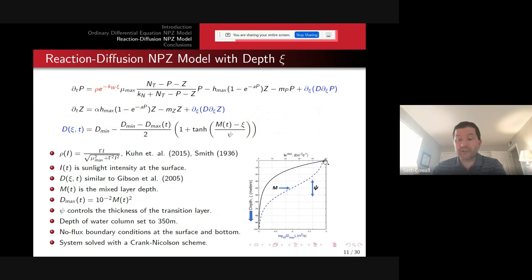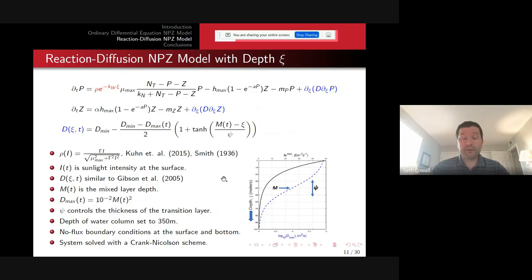At the surface we have units of Einsteins per meter squared, but it decays exponentially, and at about 100 meters or so, essentially no photosynthesis would take place.